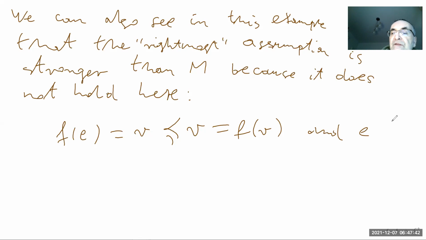Namely, E is not less than or equal to V, right? An edge cannot be contained in a vertex. So I have my assumption true and my conclusion false. So it means that the implication is false. Okay. So the M assumption is strictly weaker than the rightmost assumption we discussed earlier.